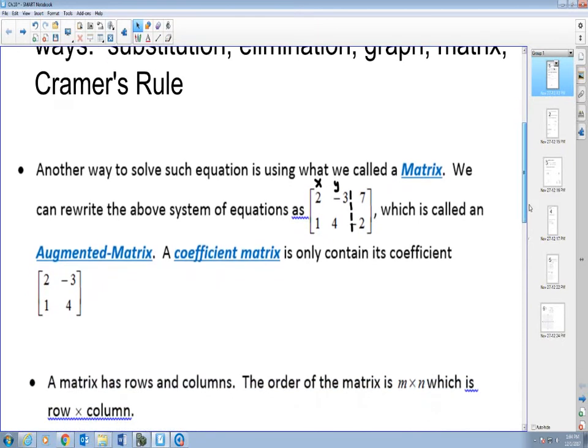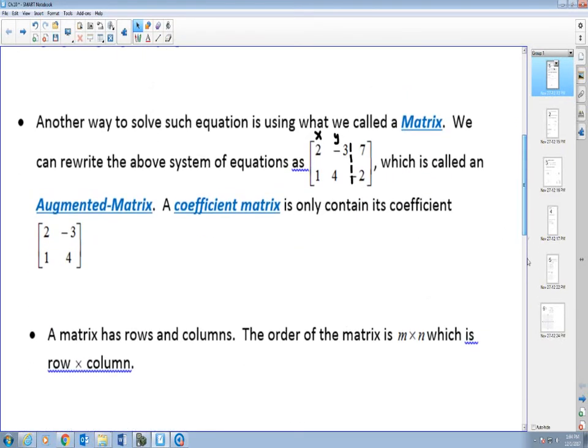The way we read a matrix is by rows and columns. The order of the matrix is called m by n: how many rows by how many columns?